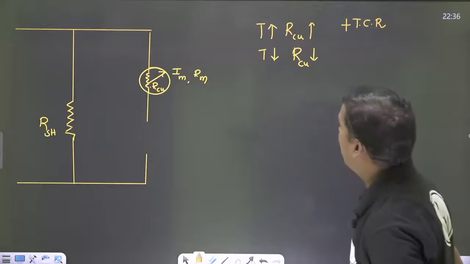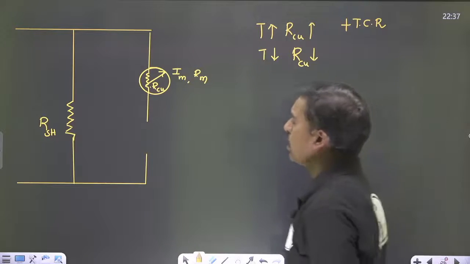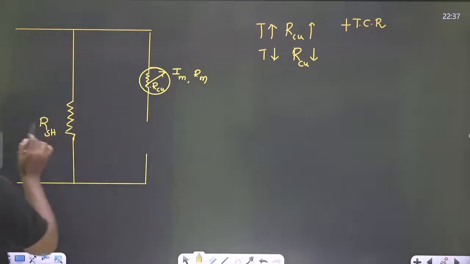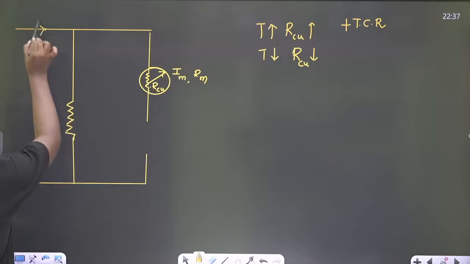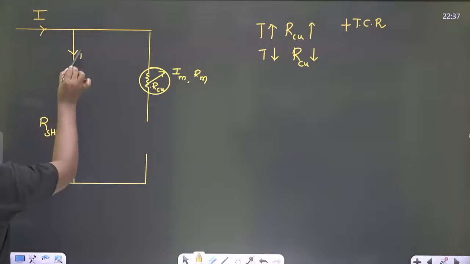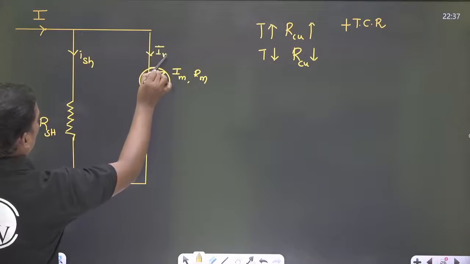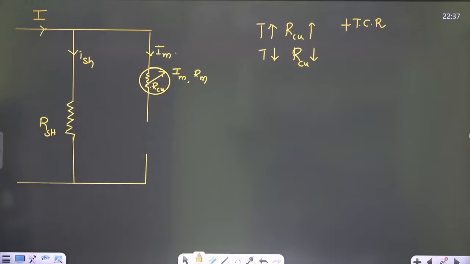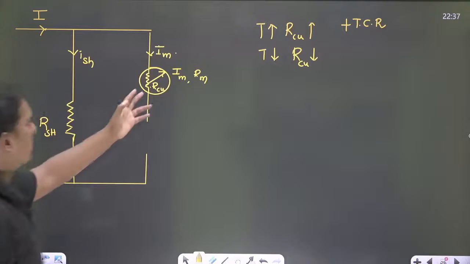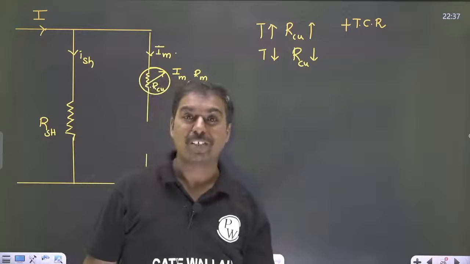Okay. So now obviously, then what happened? The shunt resistance is there. So now this is the current I, this is the current ISH, and this is the current passing through the meter, right? So whenever there is a change in temperature, definitely this resistance changes, and the current passing through the meter also changes.